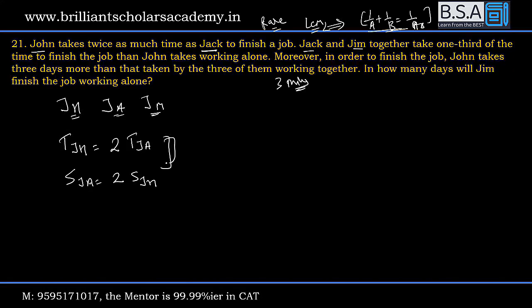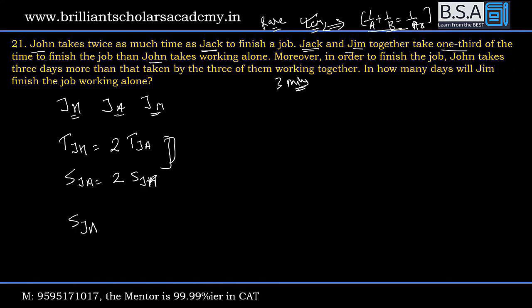I do not know whether I'll be able to solve it through LCM or one by one. Jack and Jim together take 1/3 the time as compared to time taken by John. Now I can see a pattern emerging. I can see this is John. Who? Jack and Jim. Because the time is 1/3, I'm thinking reverse. Please observe.